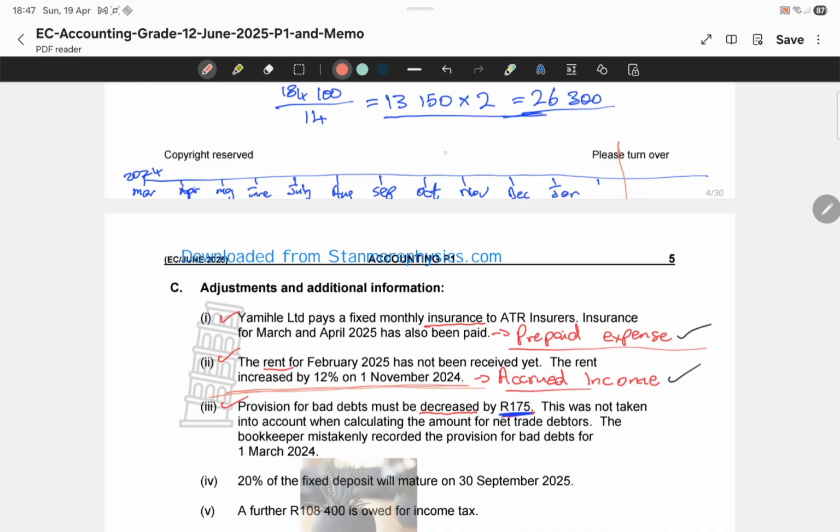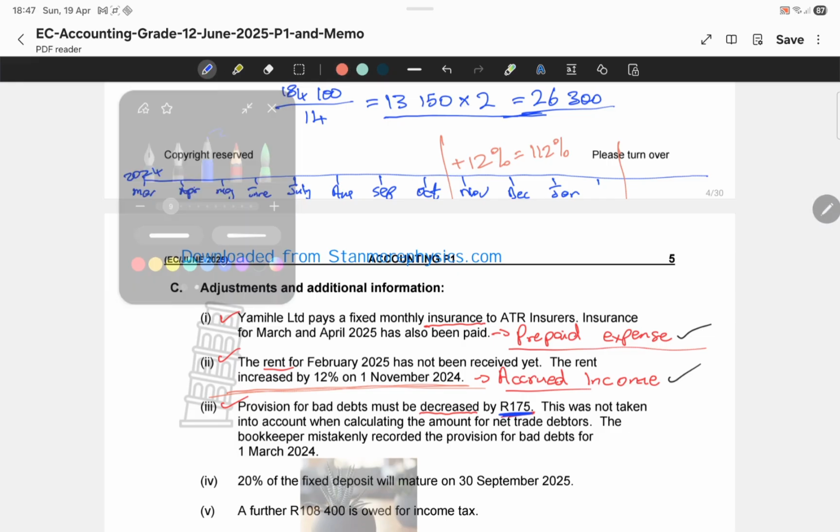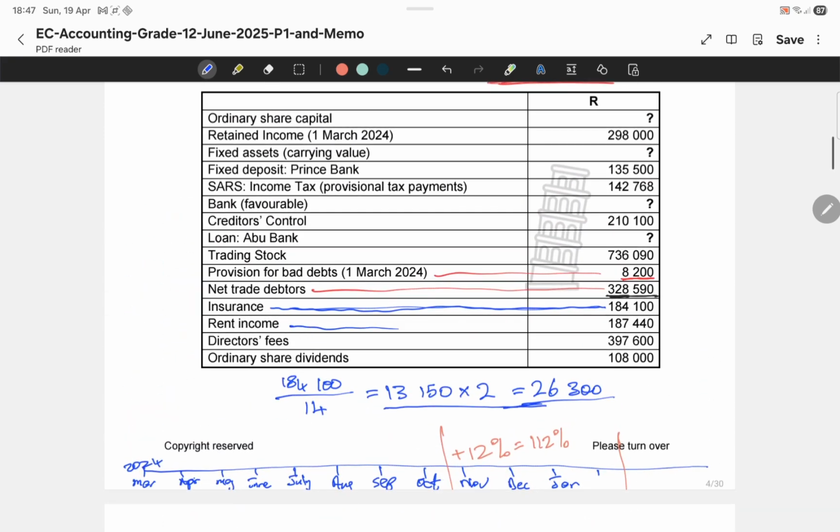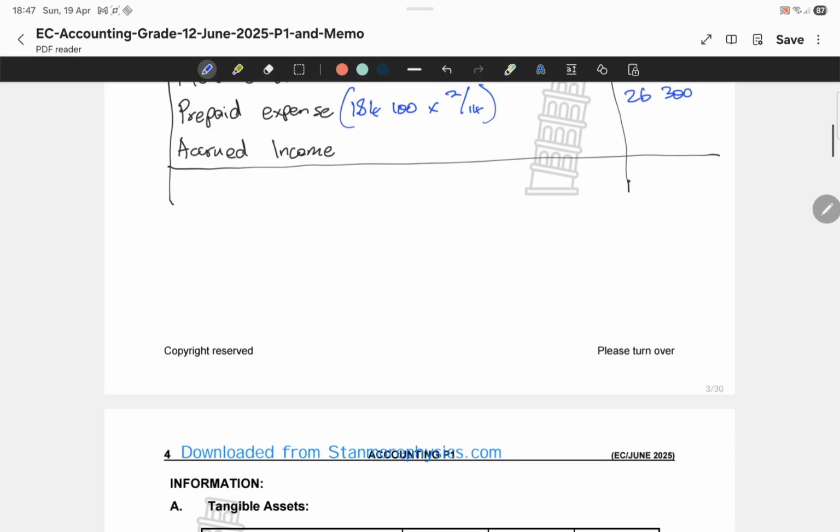1st of November, the rent increased by 12%, which means it was no longer 100%, it was 100% plus 12%, which equals 112%. Okay. Now, we are going to look for the amount we are given from the trial balance. In this case, we are given 187,440.